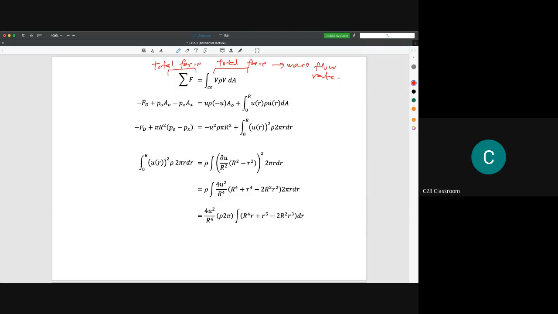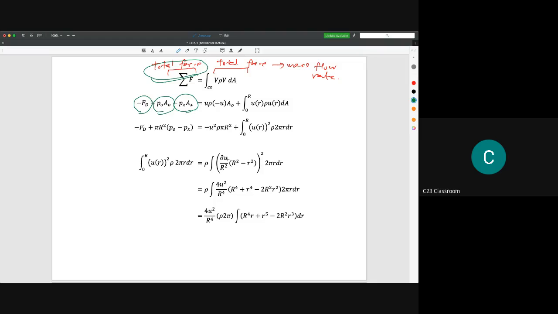That's the idea. So the total force here is negative FD plus P naught A naught, minus rho V n, minus Px Ax.